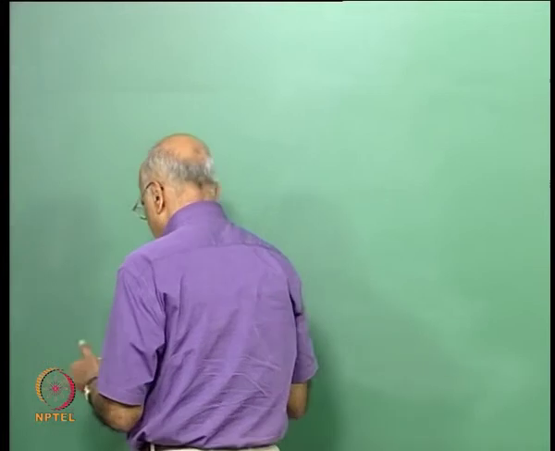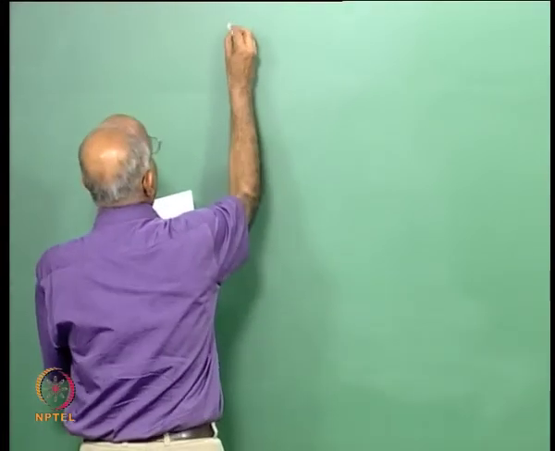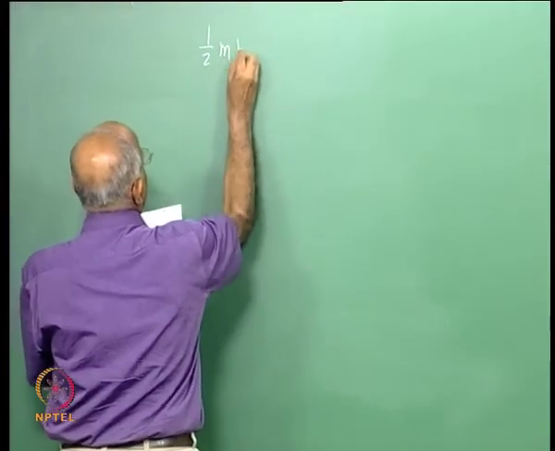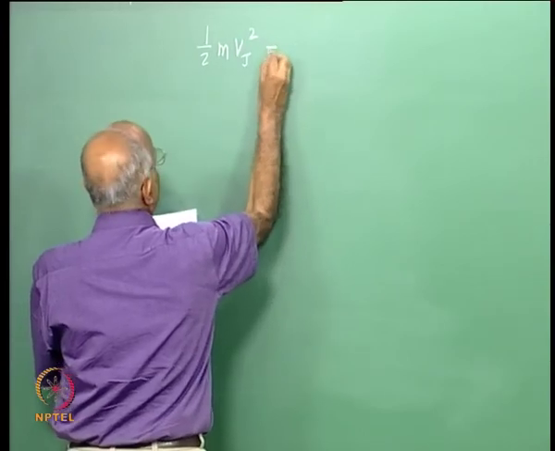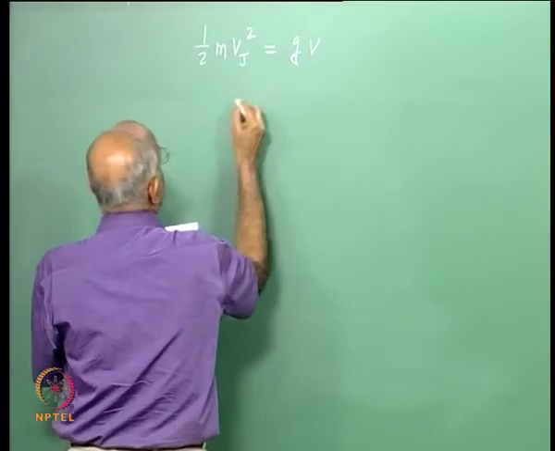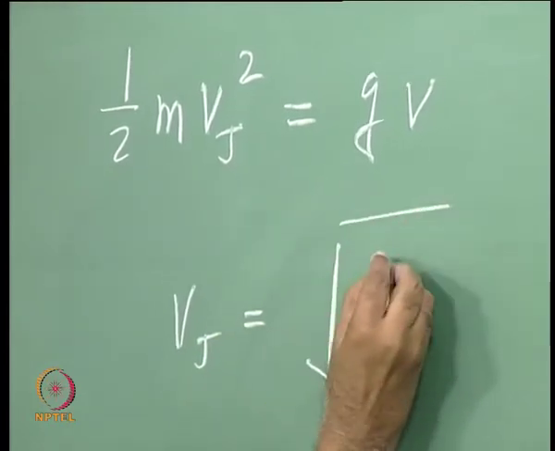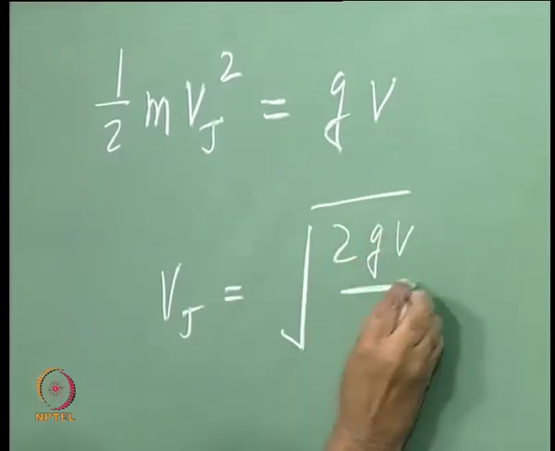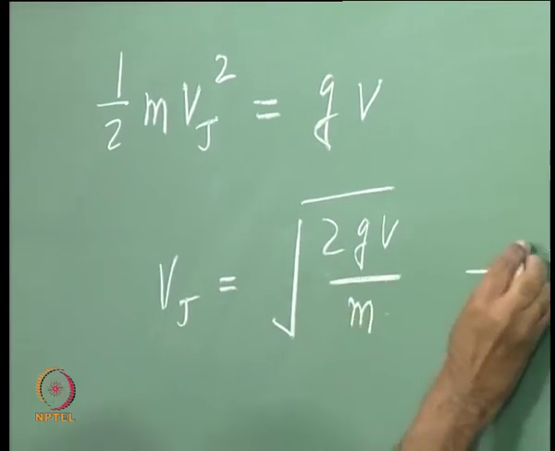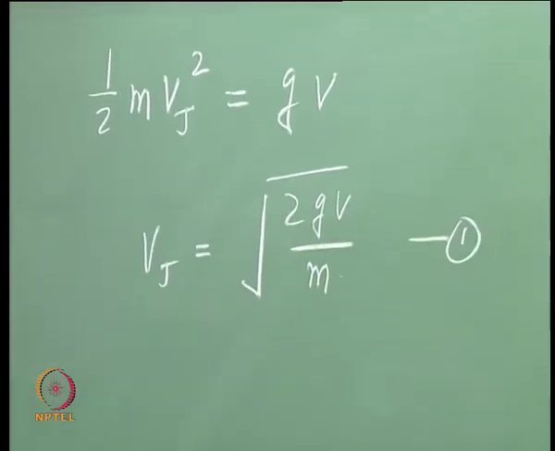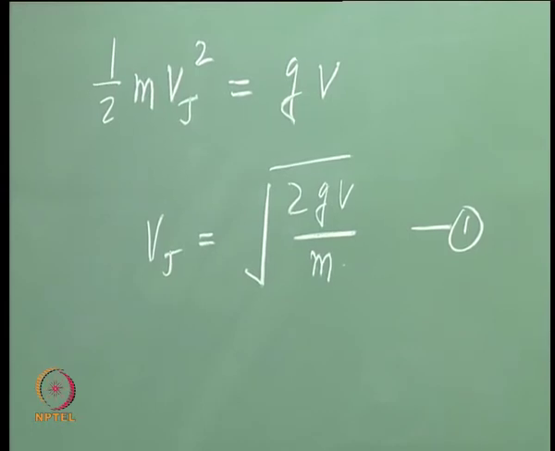Let me put it together. I get half m into Vj square is equal to qV, or rather I get the value of Vj is equal to under root 2 qV by m, my equation 1. And what was my equation for the thrust F?